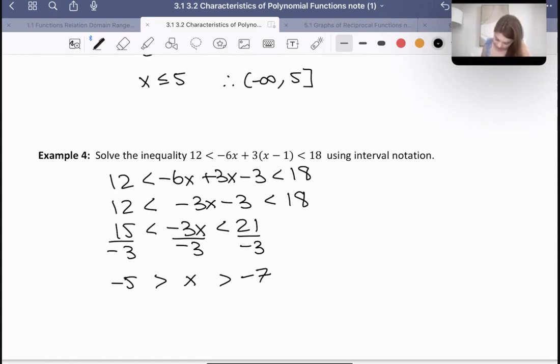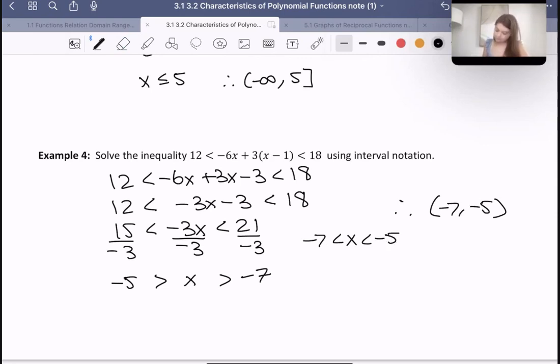And then, therefore, we'll say that using interval notation, it'll be everything between negative 7, which is the smaller one of those, up to negative 5. So I wrote this wrong as well.